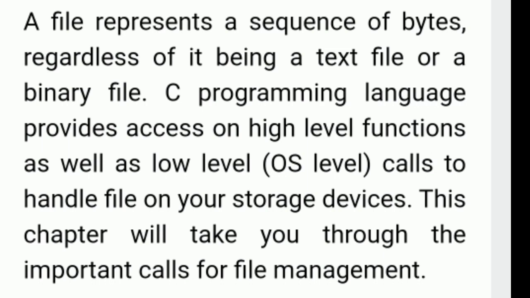A file represents a sequence of bytes, regardless of it being a text file or binary file. C programming language provides access to high-level functions as well as low-level calls to handle files on your storage device. These points were discussed in the file IO.